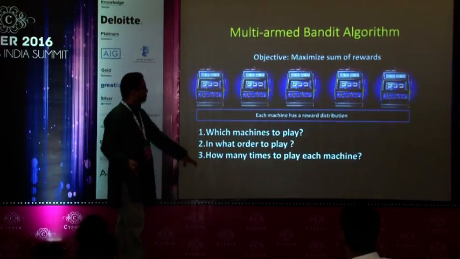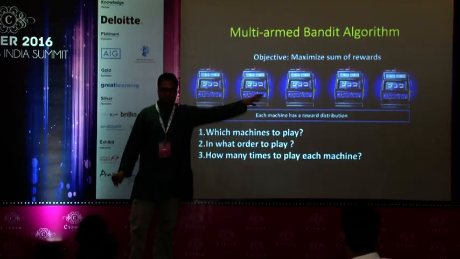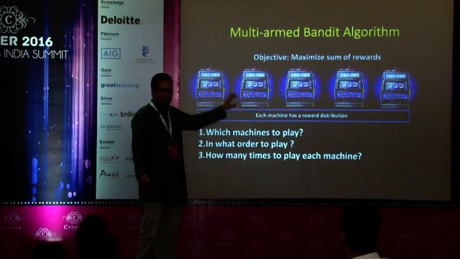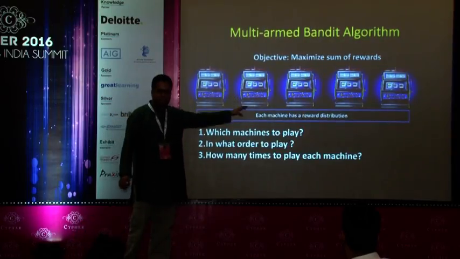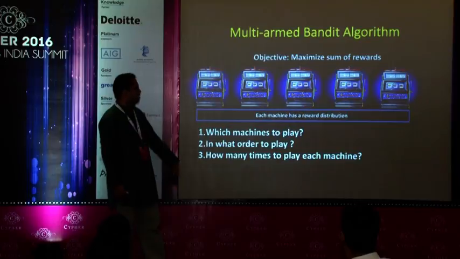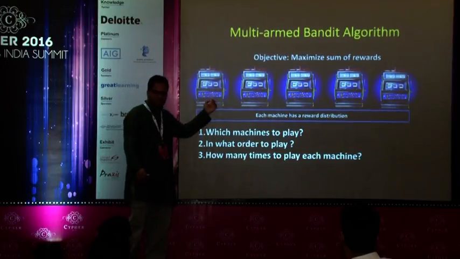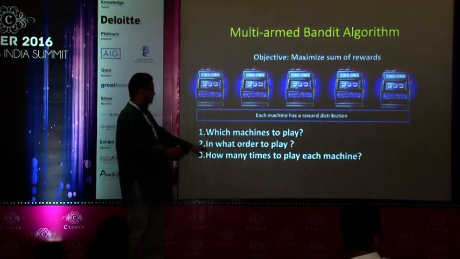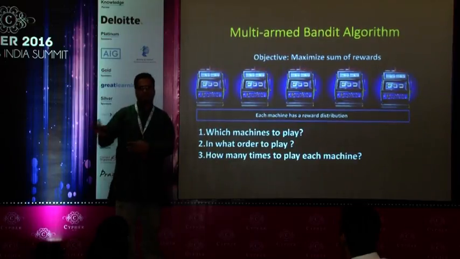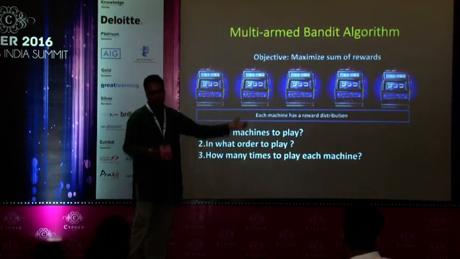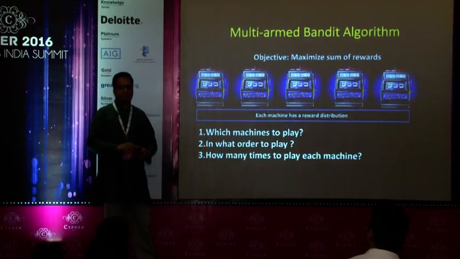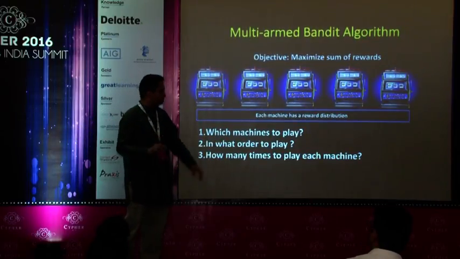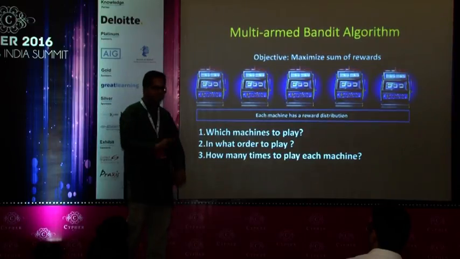Given this set of machines, which machines should I play, what's the order in which I should play, and how many times should I play each machine? This is the multi-armed bandit problem, and there are very well-defined solutions on how this could be done using reinforcement learning.